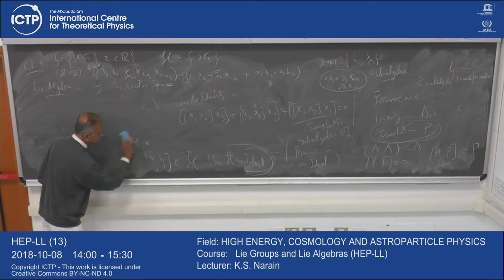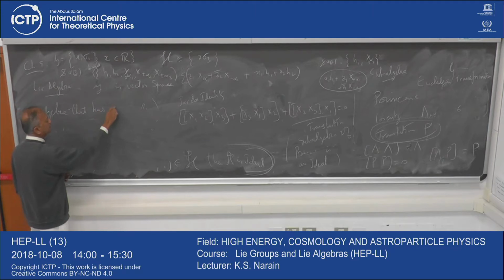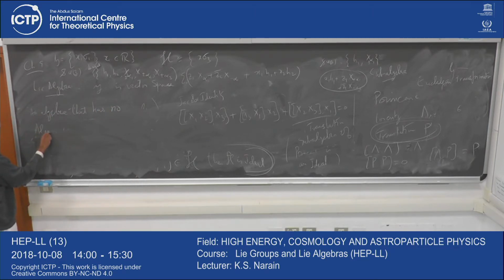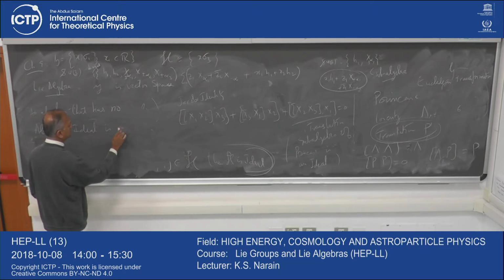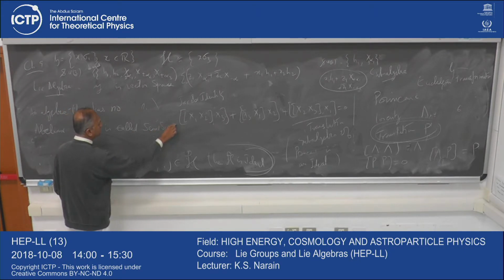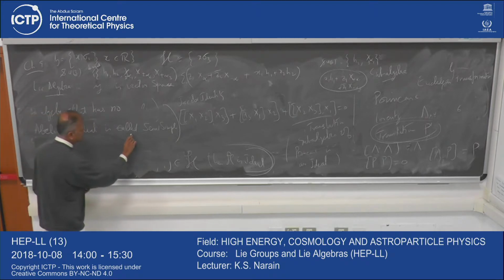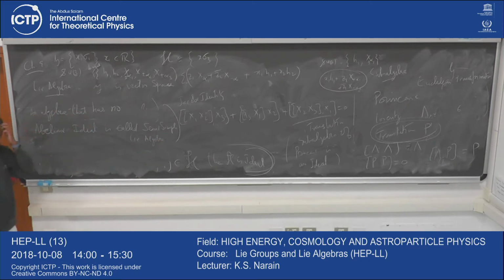But I just mention at the moment that an algebra that has no abelian ideal is called a semi-simple Lie algebra.